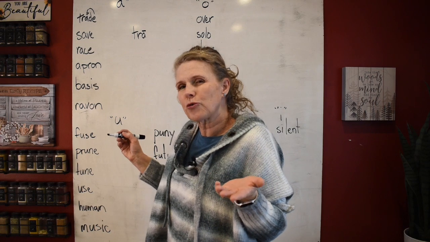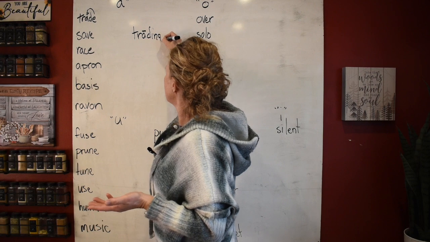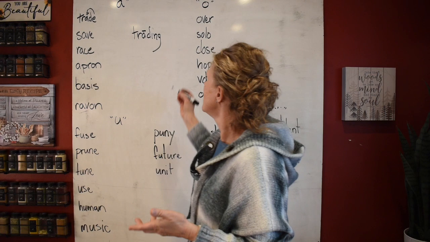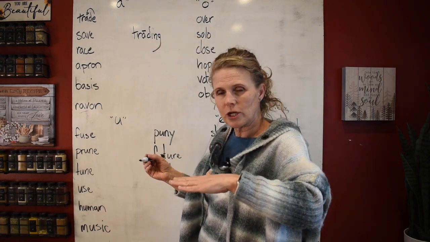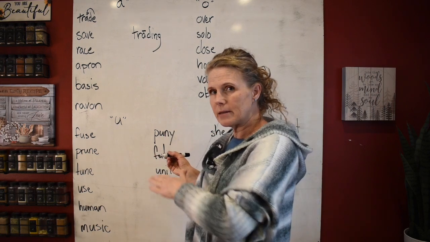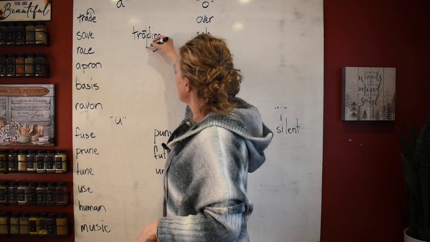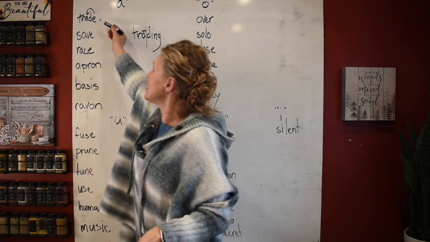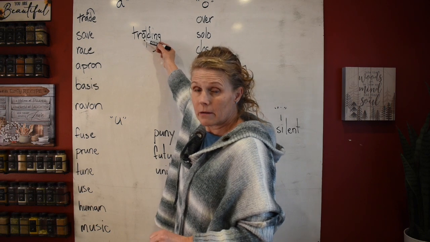So if we say trade and we want trading, now we have two different syllables there. Do you see that? So you can hear it switch. Tray-ding, tray-ding. It's going to split here and see how this A, instead of it being a silent E syllable, this A is open.